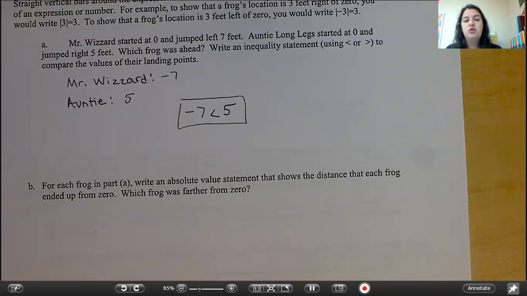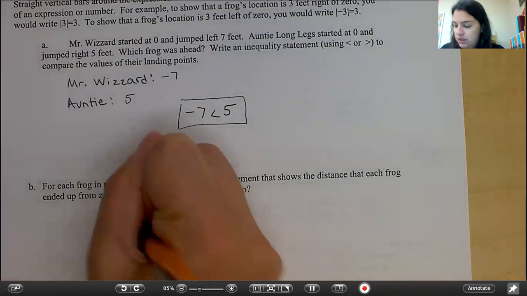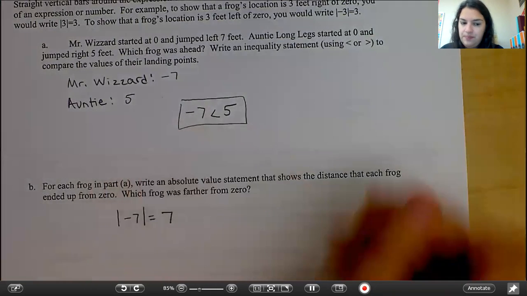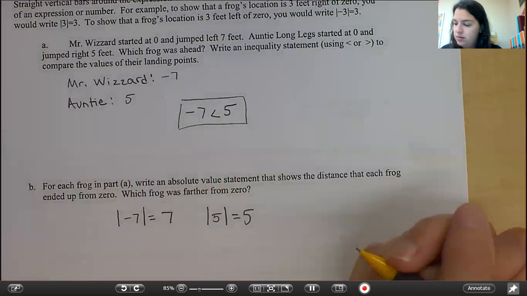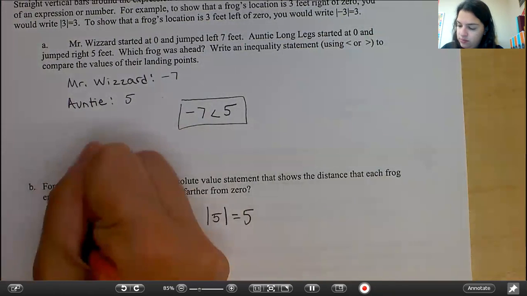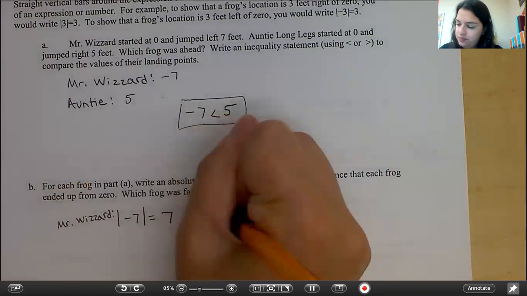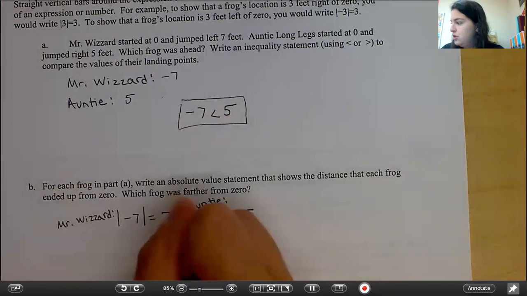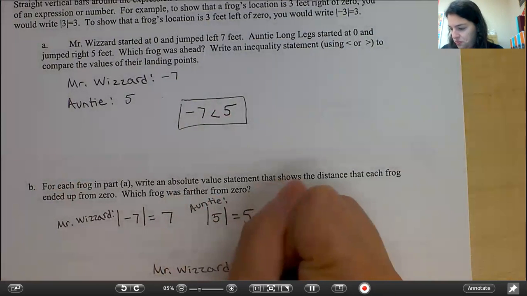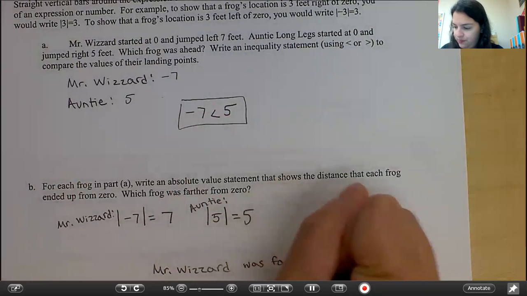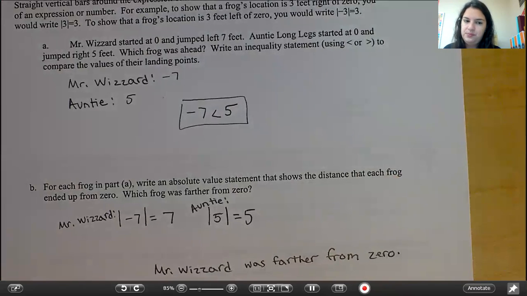Okay, if you're back with me, you should have had the absolute value of -7 equals 7, and the absolute value of 5 equals 5. Remember, this is Mr. Wizard and this is Auntie Longlegs. So your answer should be Mr. Wizard was farther from 0.